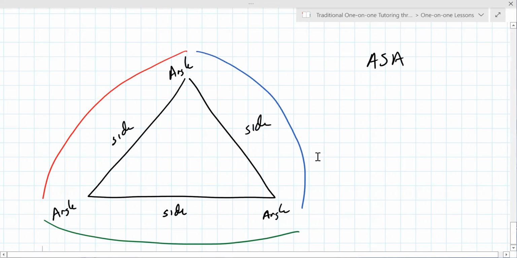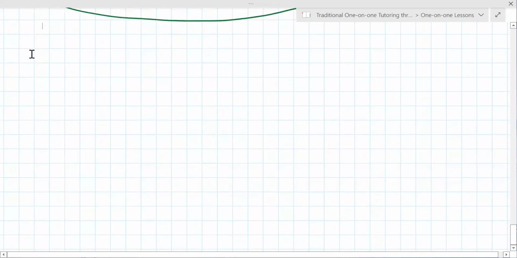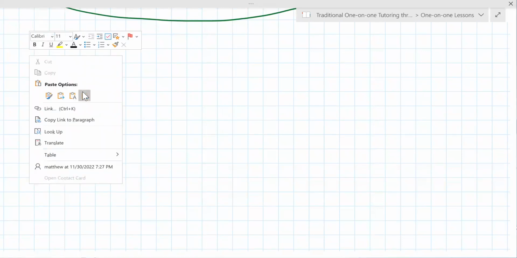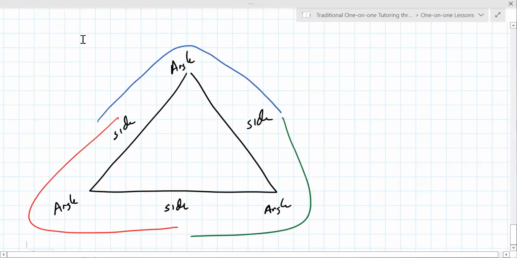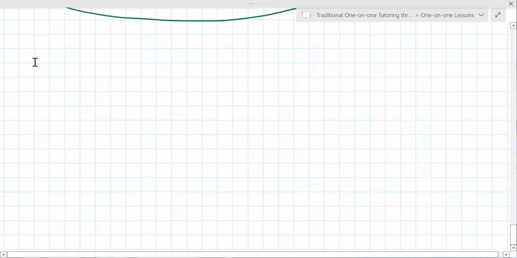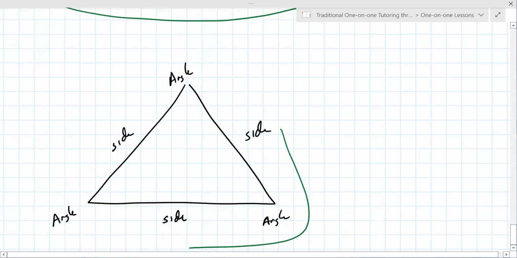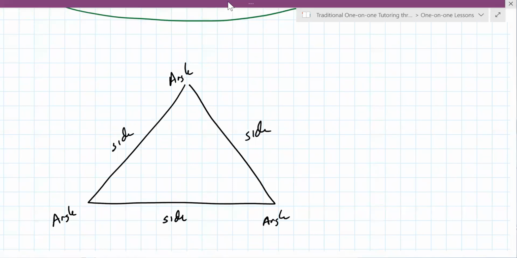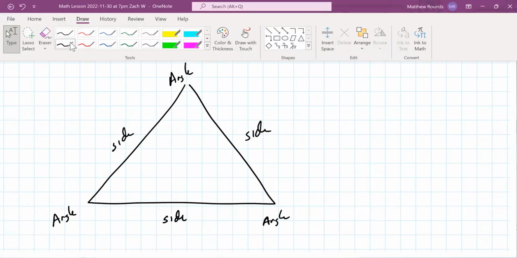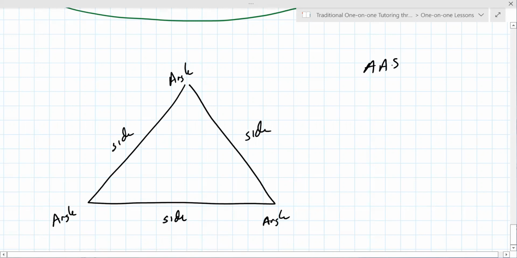Now the last one is the most complicated. The last one is angle, angle, side. So this one, you're actually skipping a side.